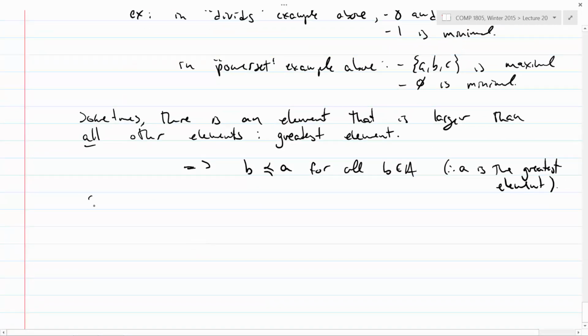Okay, so similarly, sorry? So you're talking about if you had a relation that was just a single element? Exactly. All right, so you can also define the least element.